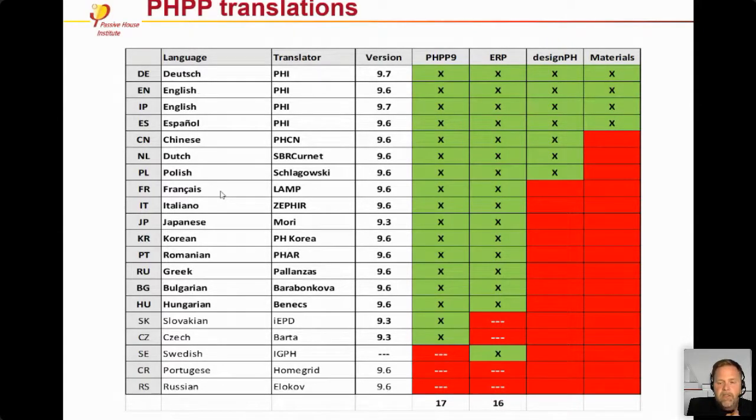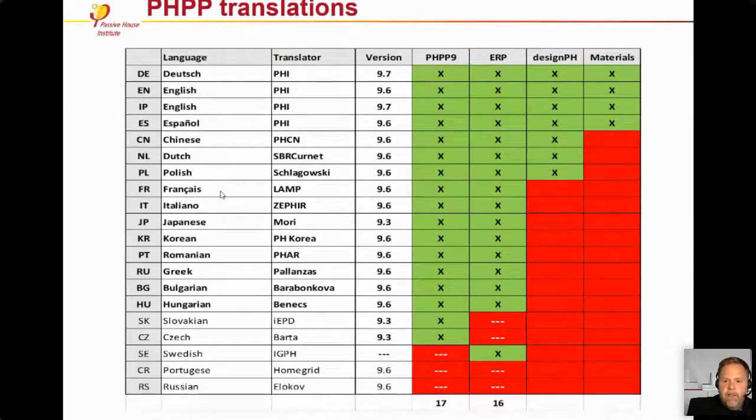So all the translations of PHPP are on the left side, with the NFIT retrofit plan one column more to the right, then designPH, and then we have some promotion materials. This is something we also want to start offering to our partners to promote PHPP, designPH, and other tools in their countries so they can translate it.